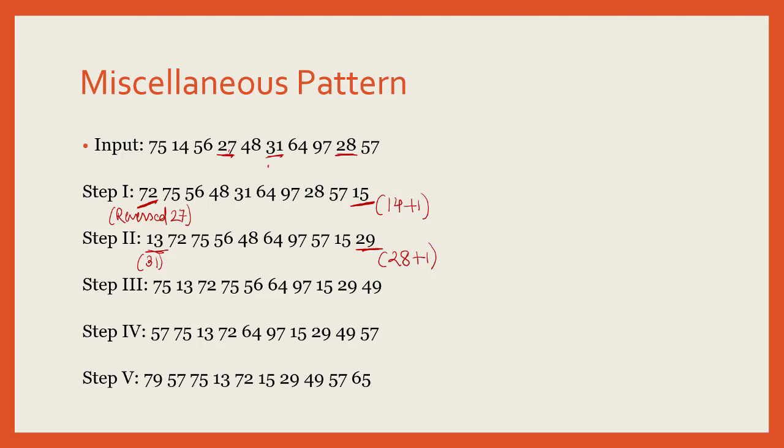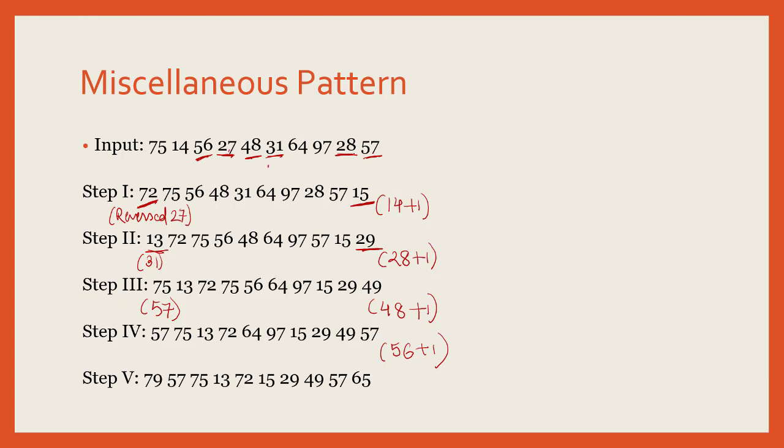Now the next higher even number is 48, and we can see 49 here. So I think now we can understand the pattern of what's happening here. And then the next odd number is 57, which has been reversed as 75 and written at the left hand side. The next even number is 56, so we have got 56 plus 1, 57, at the right hand side.